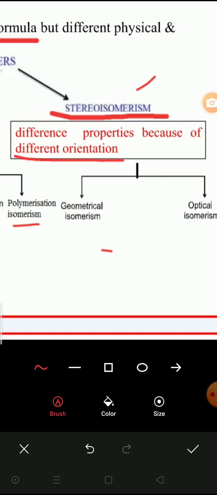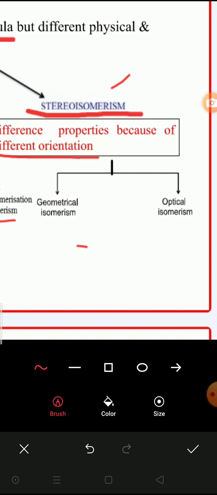Means the attached groups are same, but their orientation is different. So, depending upon orientation, stereoisomerism can be classified in two categories further. One is geometrical, the other one is optical isomer. First of all, we will take geometrical isomers.